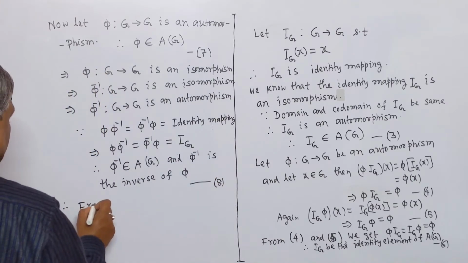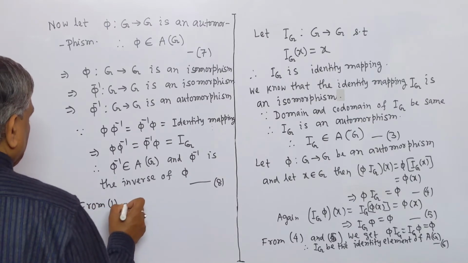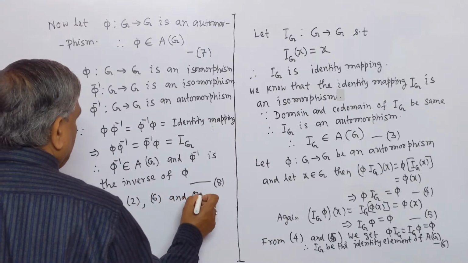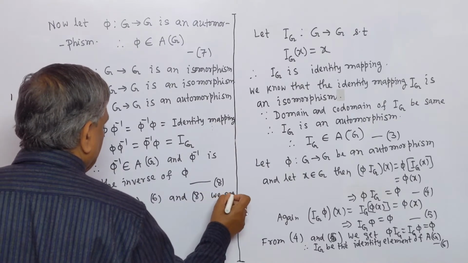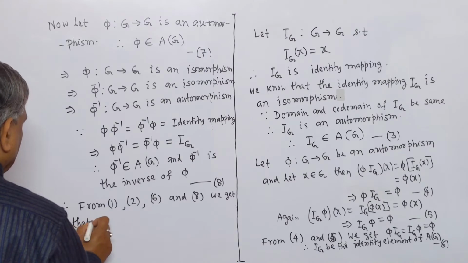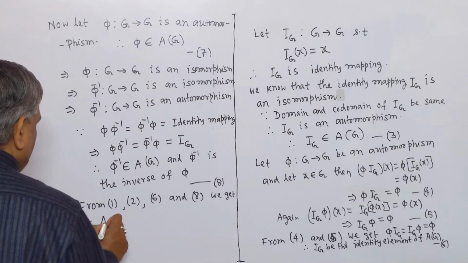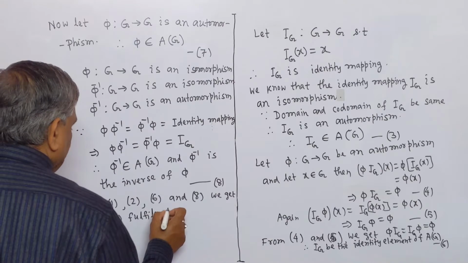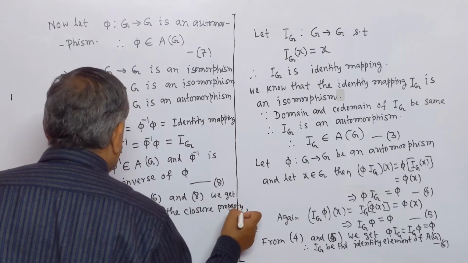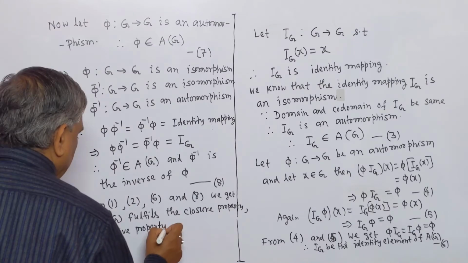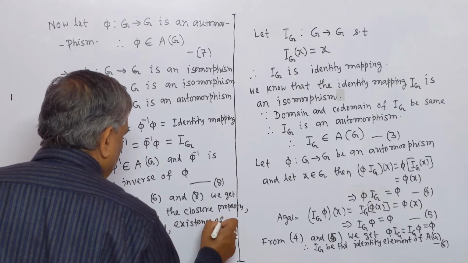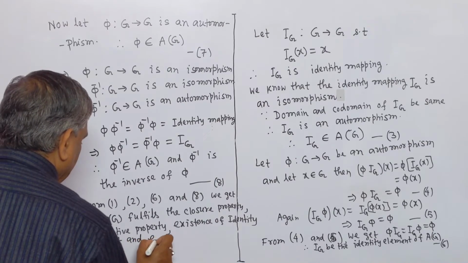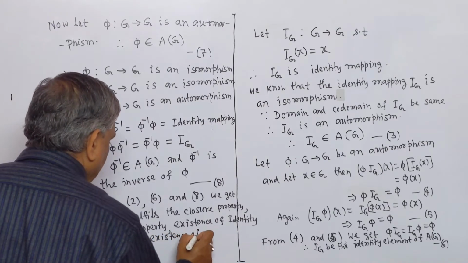Therefore, from 1 to 6 and 8, we get that AG fulfills the closure property, associative property, existence of identity element and existence of inverse.